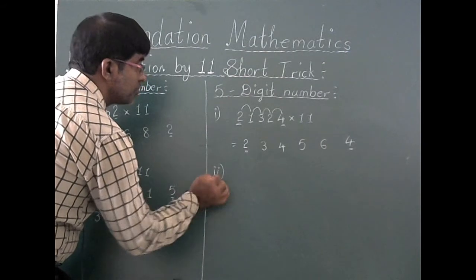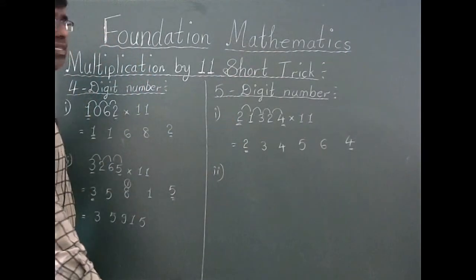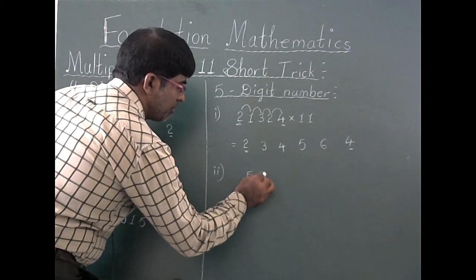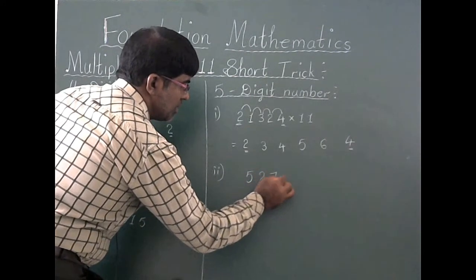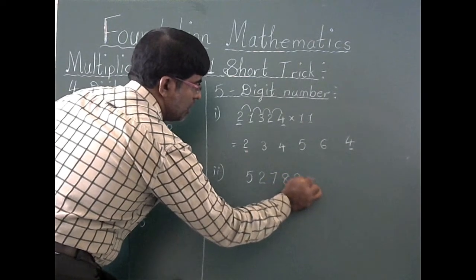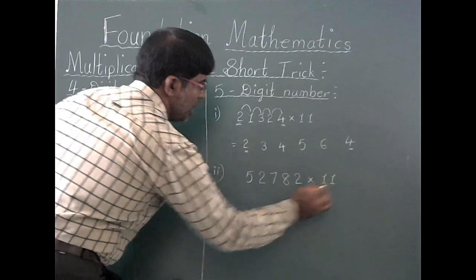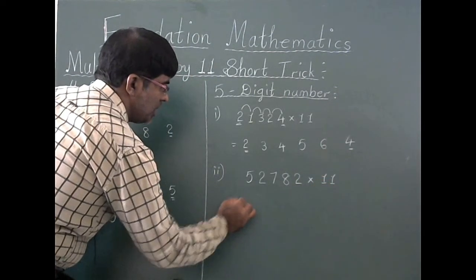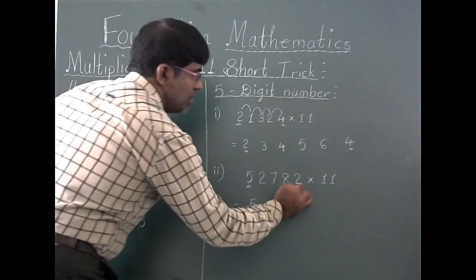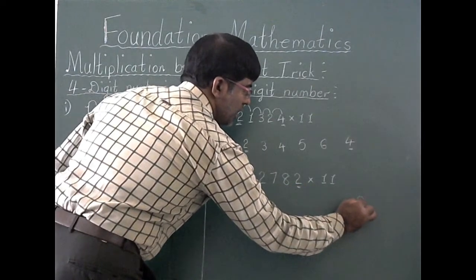Next problem. Take a 5-digit number, 52782 into 11. First and last digits: the first digit is 5 as it is I am writing, the last digit 2 as it is.